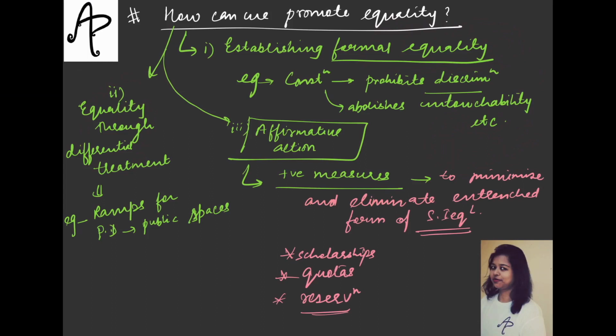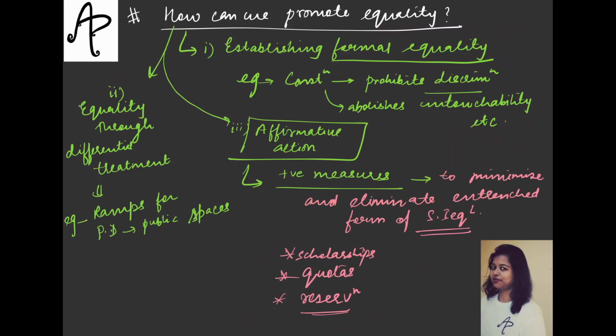Now also understand that it's not that these things will not be questioned. There are arguments given against reservation also. For example, the people who criticize this idea of reservation claim that this is a very unfair provision, and you are trying to help somebody out, but at the cost of not giving that opportunity to somebody else. So basically you are denying others their right of equal treatment.